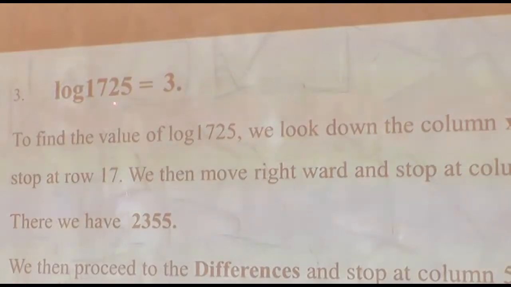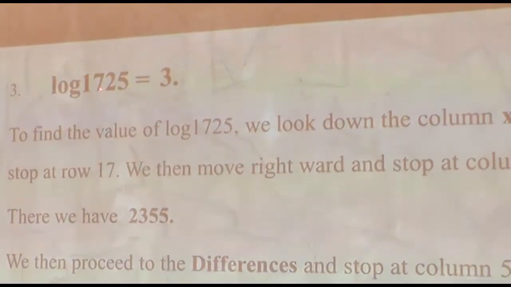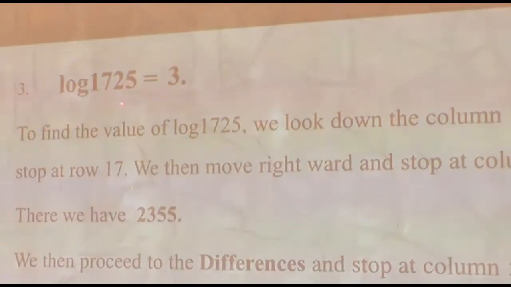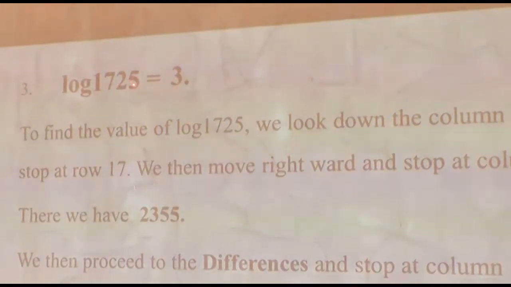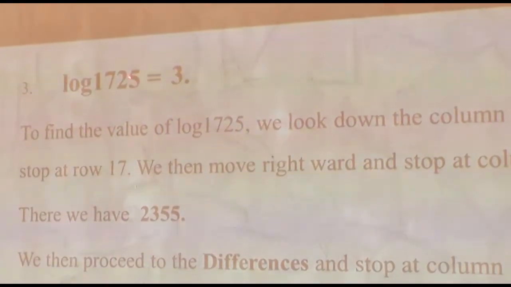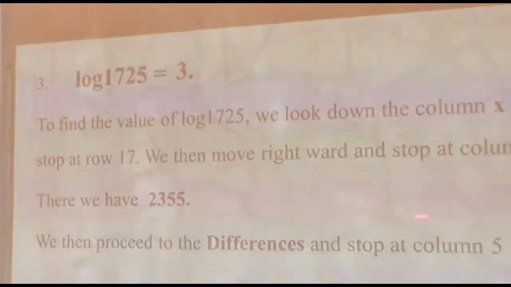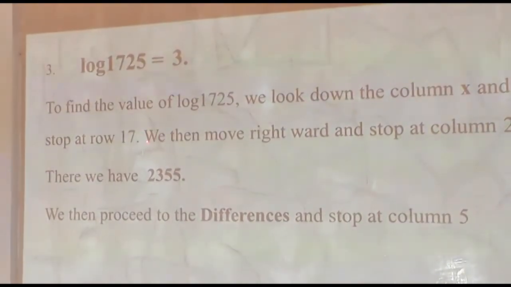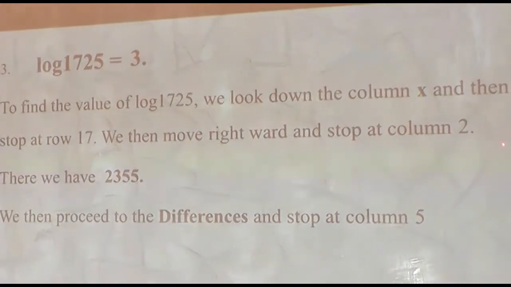The logarithm table will give us the rest. We look at 17 under the column X, then 17 under 2, and in this case there is a fourth number.